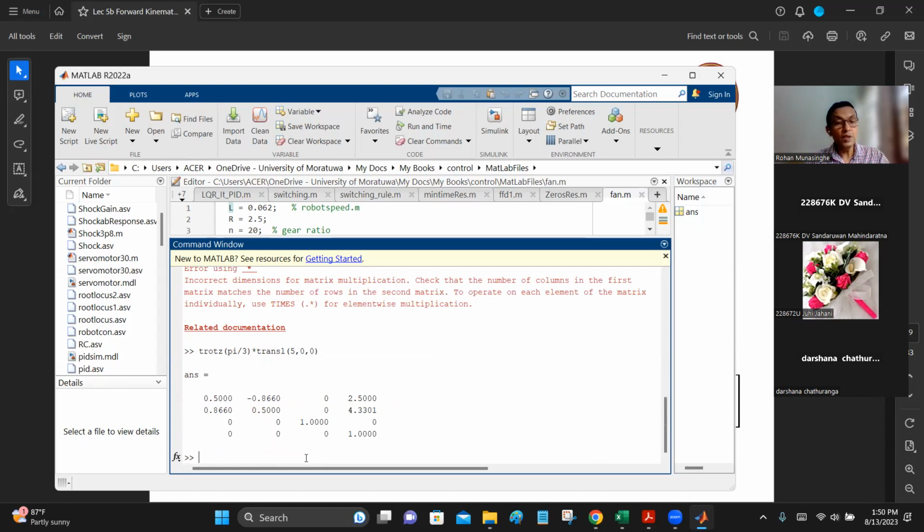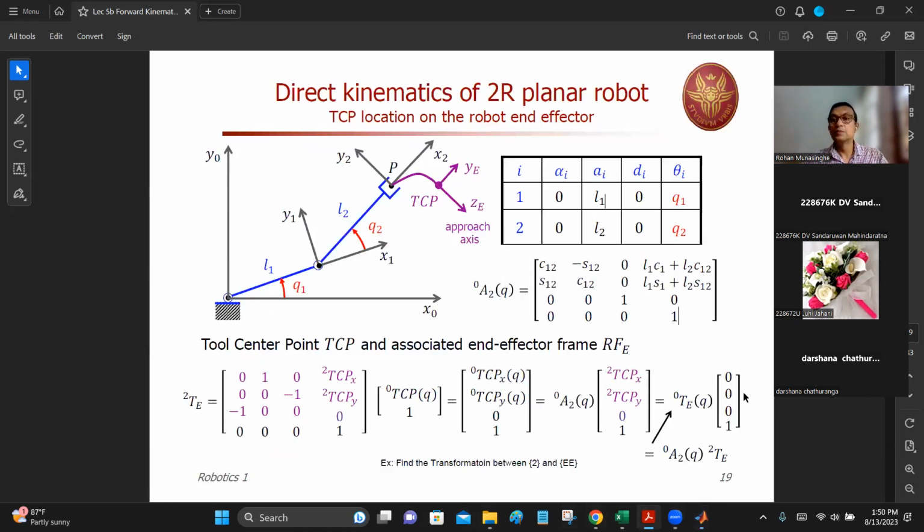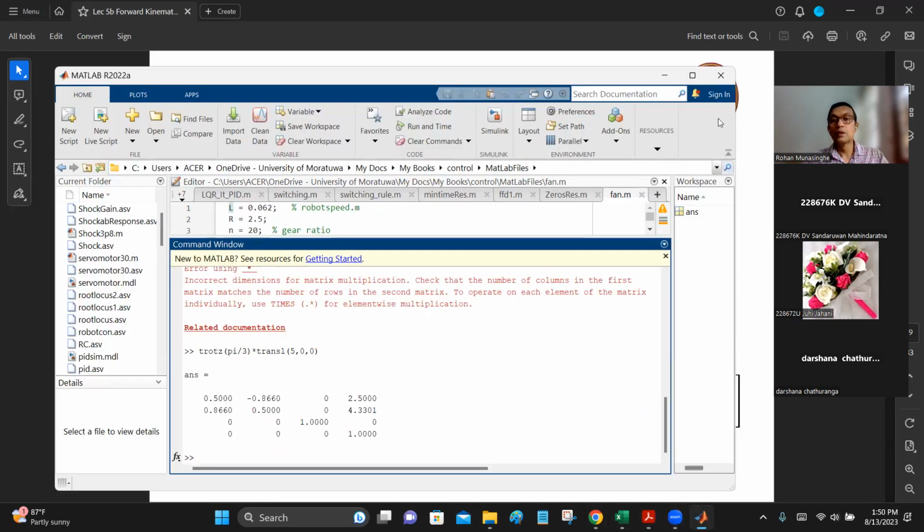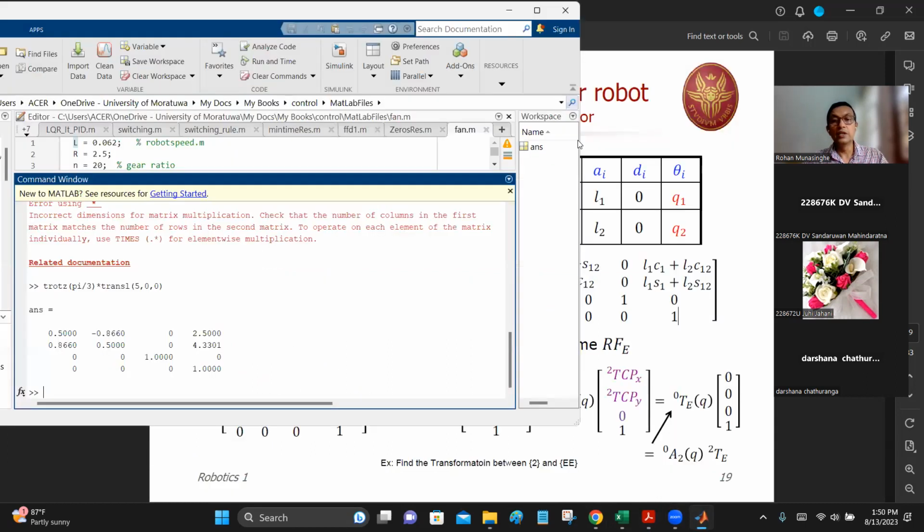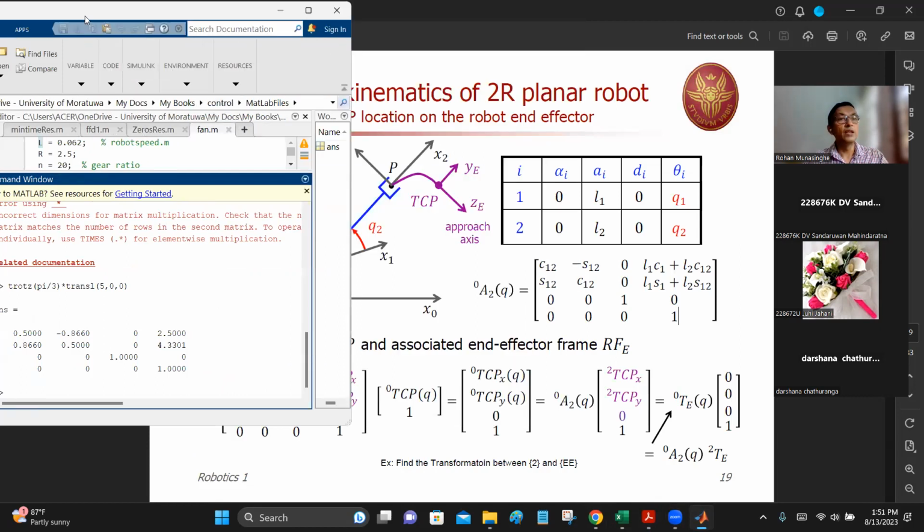This is the first frame with respect to frame 0. I can now align the answer side by side so that you can see it clearly. Can you see that?